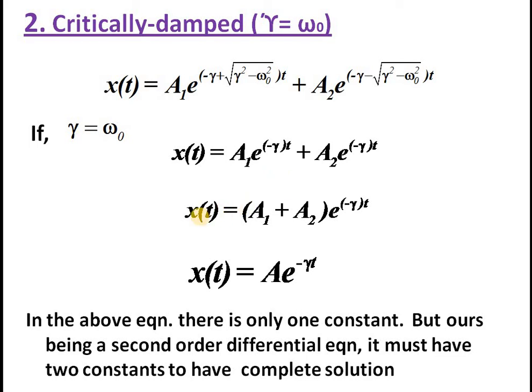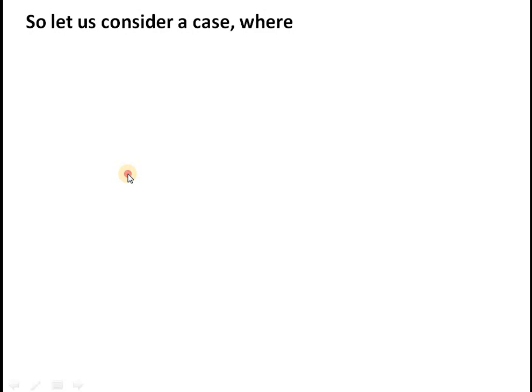That's the problem. So in that case we assume that this square root term is equal to some non-zero value. Previously we said that this is equal to 0. When it is 0, the differential equation will not be completely solved. So in order to completely solve it, we assume that it has some small value.